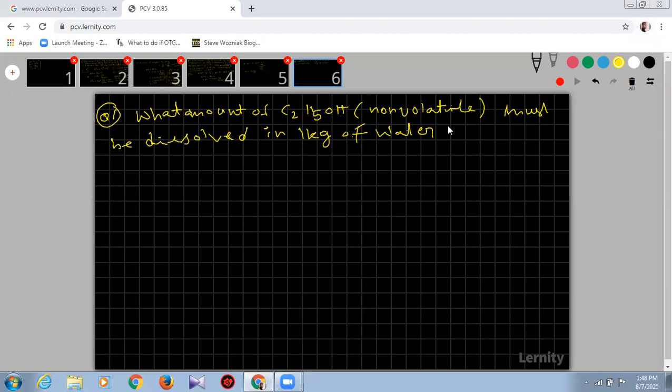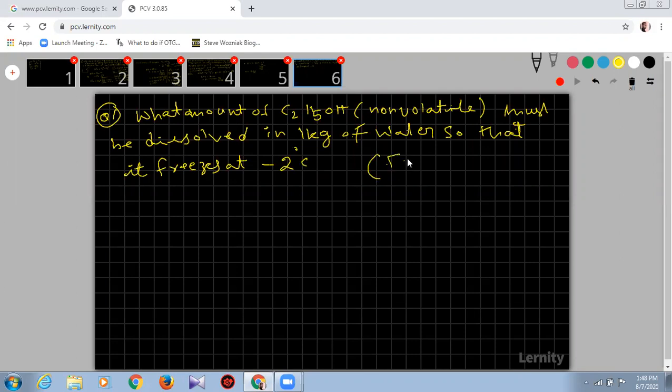so that it freezes at -2 degrees centigrade. Okay.